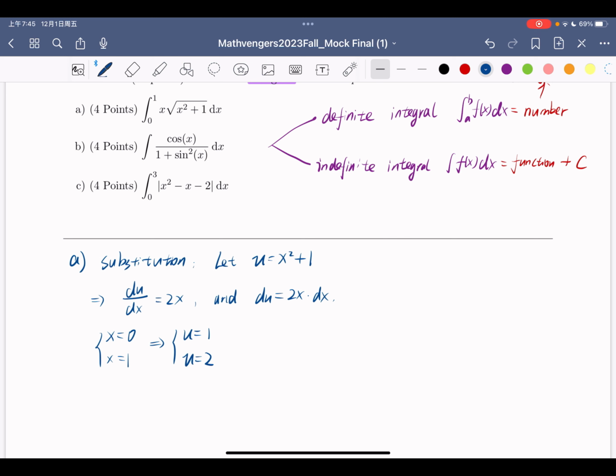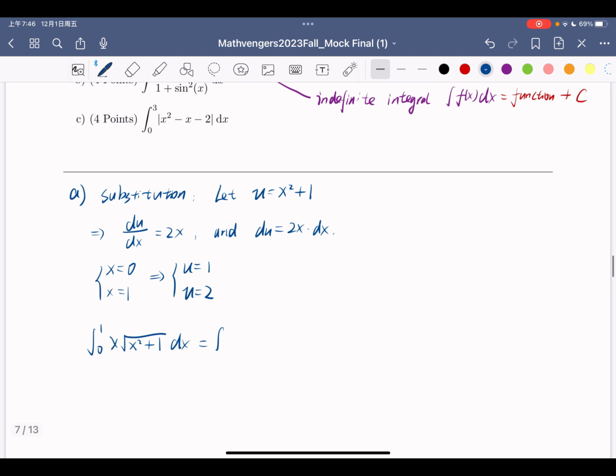Okay, so we can rewrite this as the integral from 0 to 1 of x times the square root of x squared plus 1 dx. This is equal to, let me write one more step, times 2x dx. Why do I write 2x here? Because we know that du is equal to 2x times dx.